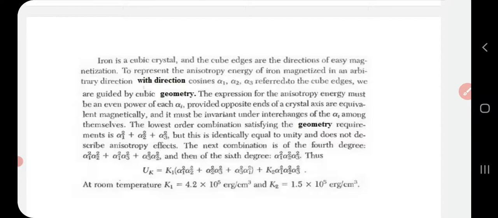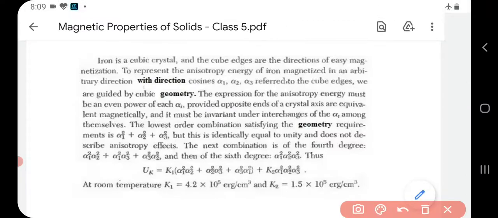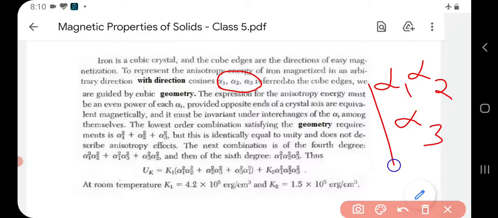To represent the anisotropy energy of iron magnetized in an arbitrary direction with direction cosines alpha 1, alpha 2, alpha 3 referred to the cube edges, we are guided by cubic geometry. The expression for anisotropy energy must be an even power of alpha i. So here three direction cosines alpha 1, alpha 2, alpha 3 are taken into consideration to express the anisotropy energy of cubic crystal iron.